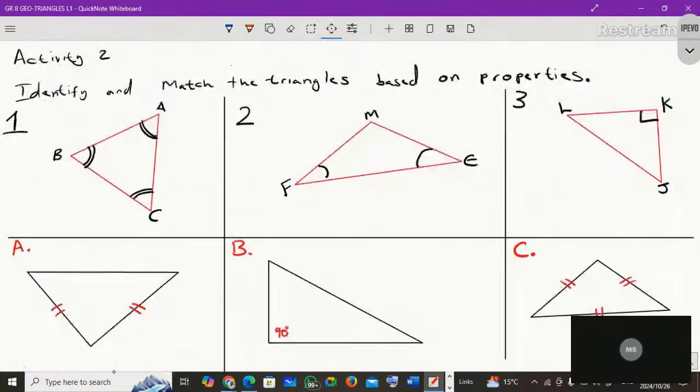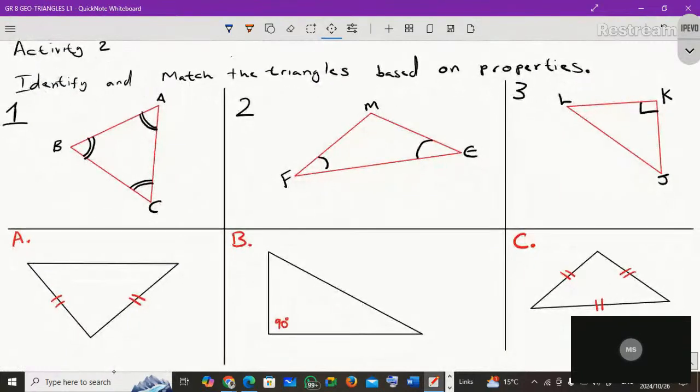Now, remember, you can pause the video and read the question. The question states here: identify and match the triangle based on the properties, because now we are trying to make sure that you understand the properties of the triangles, not just because you can see that this triangle looks like a right-angled triangle, but now you need to identify a triangle based on the properties given.